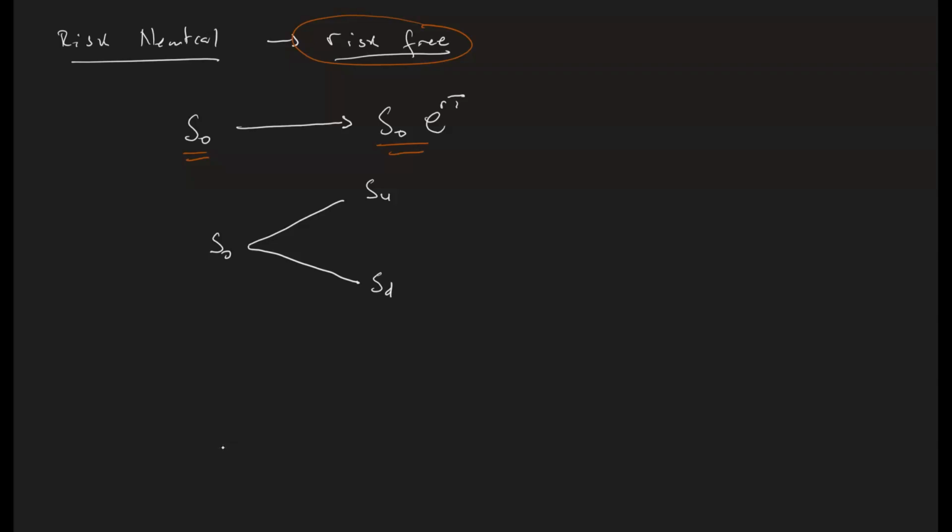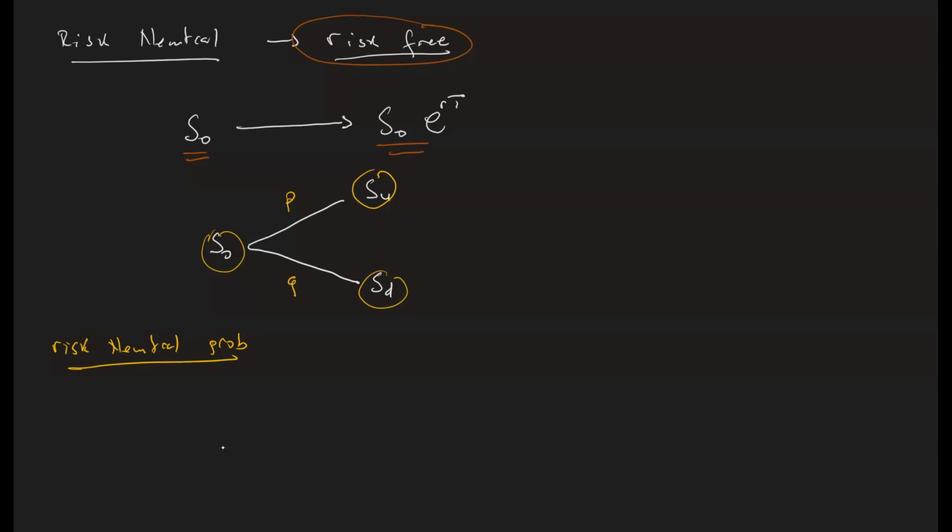Now we could also say that if we're living in a risk neutral world, we can estimate what we refer to as risk neutral probabilities, P and Q, that the stock price is actually going to go from S0 to S up, and from S0 to S down.